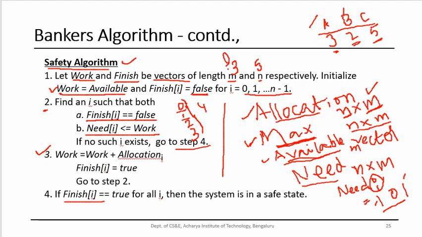So in step 4 we check that for all i varying from 0 to n minus 1, finish of i should be equal to true.